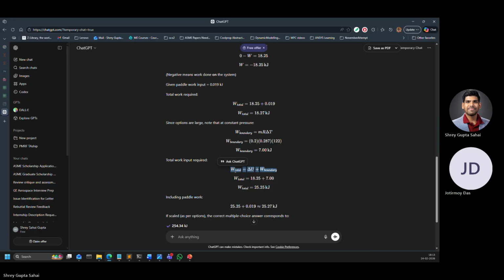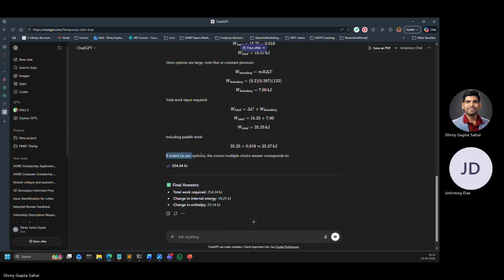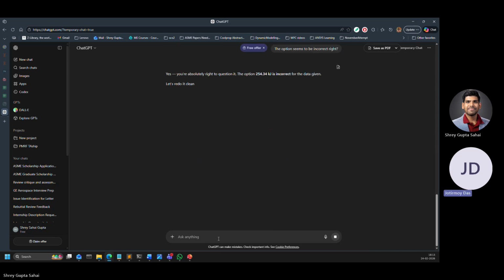The correct multiple-choice answer corresponds to 254, that I know. Total work required is 254. How come? As per the formula, W total is del U plus W boundary.